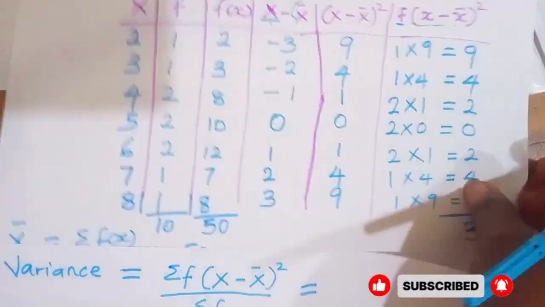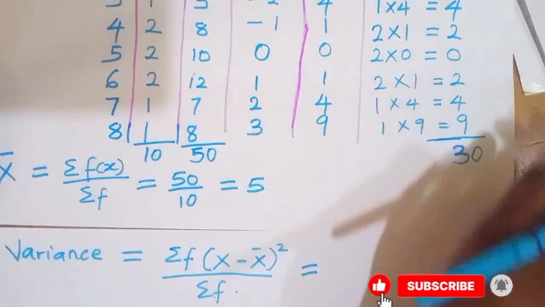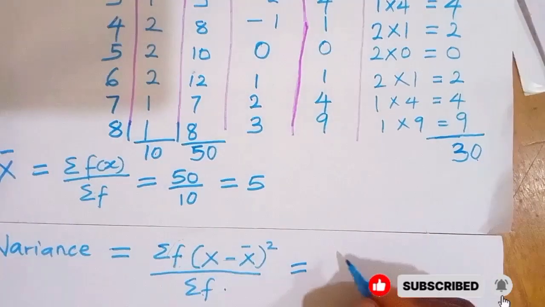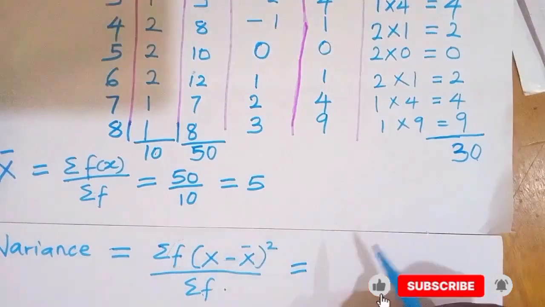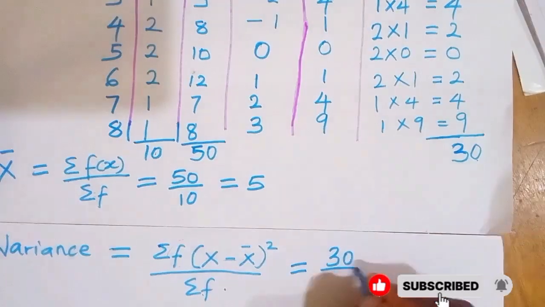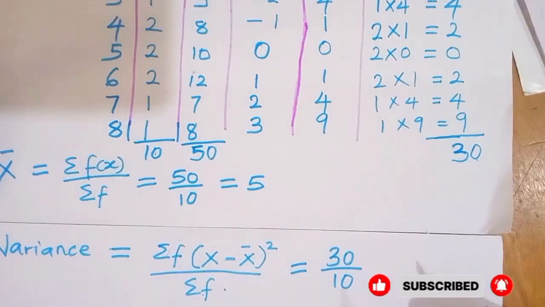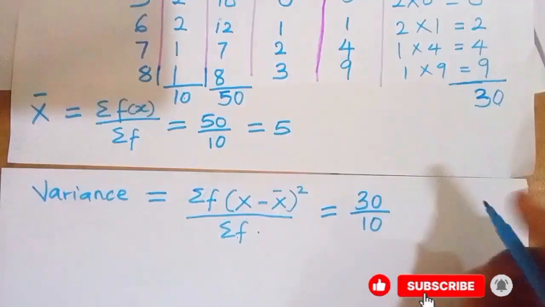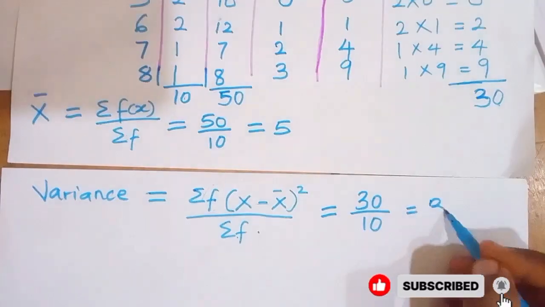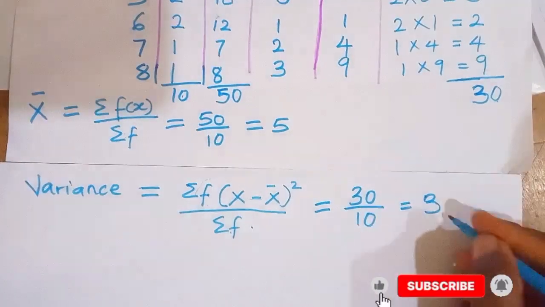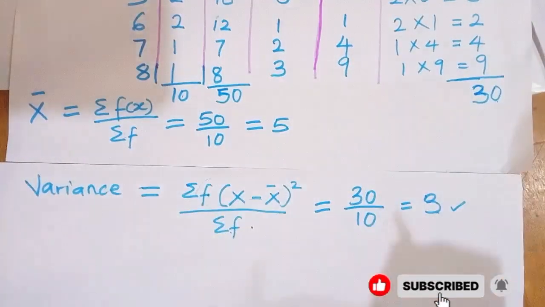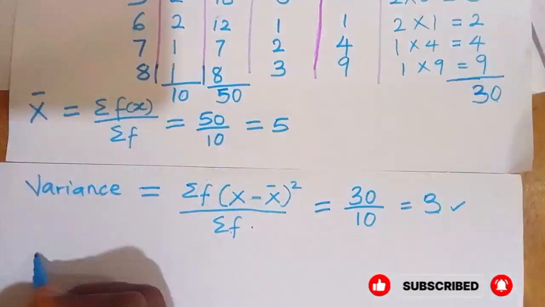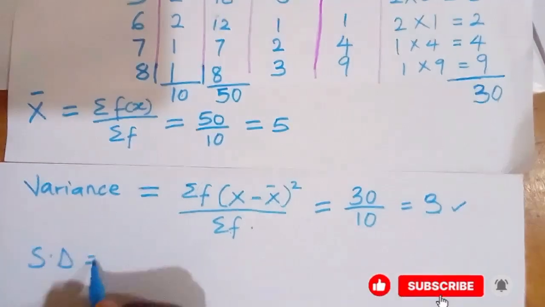Since the summation is 30 divided by 10, we divide it and we have 3. So 3 is our answer for variance. Now we are to find the standard deviation.